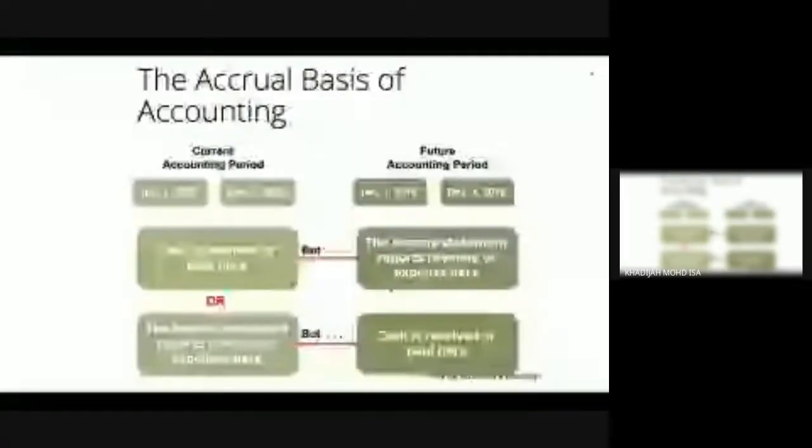So the main reason why we have an adjustment is accrual basis accounting. Accrual basis of accounting considers that we record revenue when it is sold, meaning when goods are sold or when services are rendered.